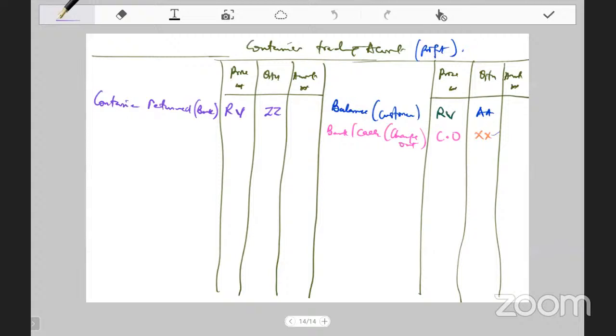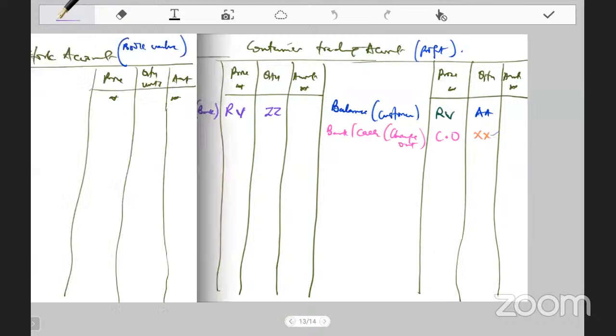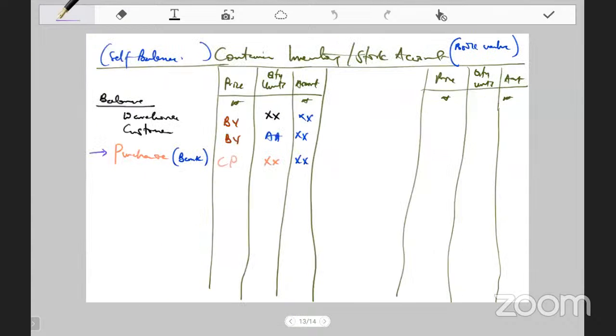Okay, let me explain. Listen, let's start from the beginning. The first information you have is the total units of container that you have in the warehouse. Did you get that? The ones in the warehouse and the ones still in the hands of the customer.